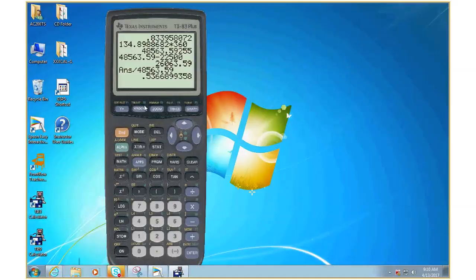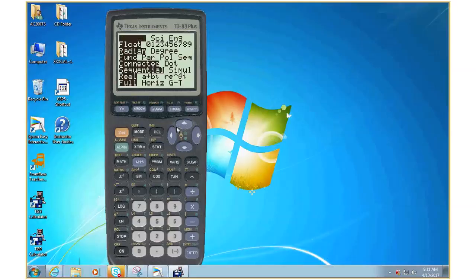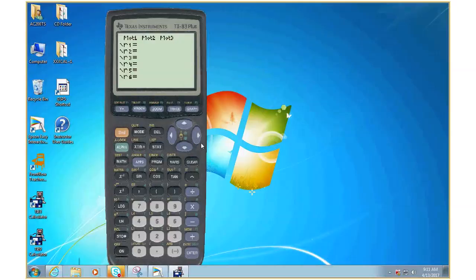So take your handy dandy calculator and switch over to polar. Graph r sub 1 is equal to 1, and r sub 2 is equal to 2. Get a donut.